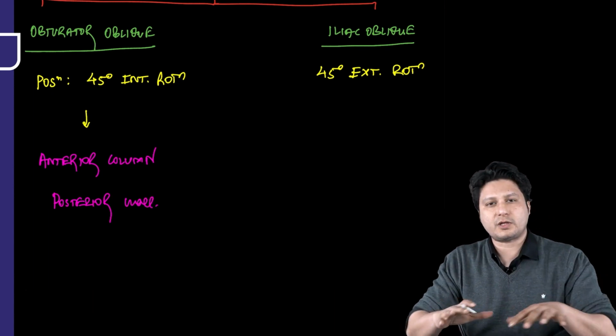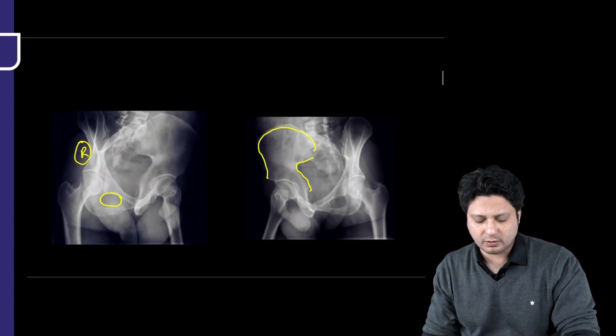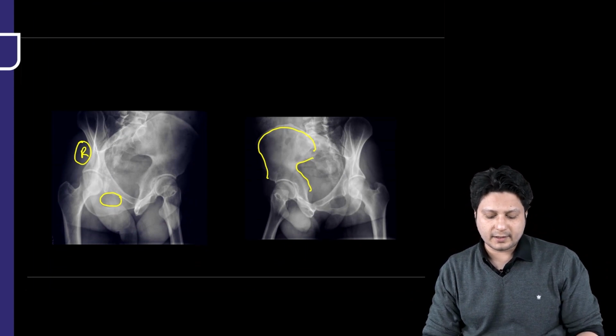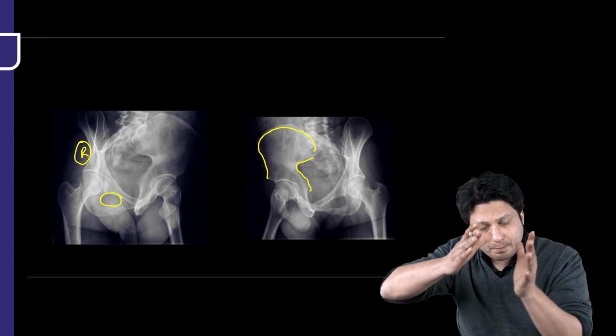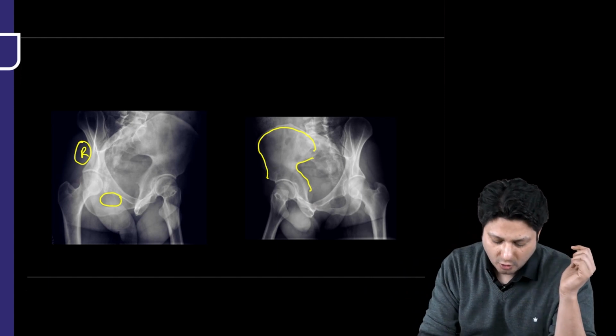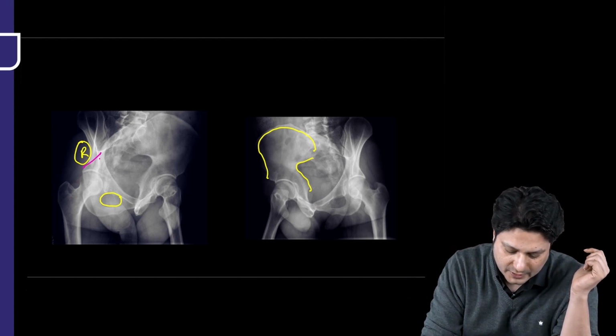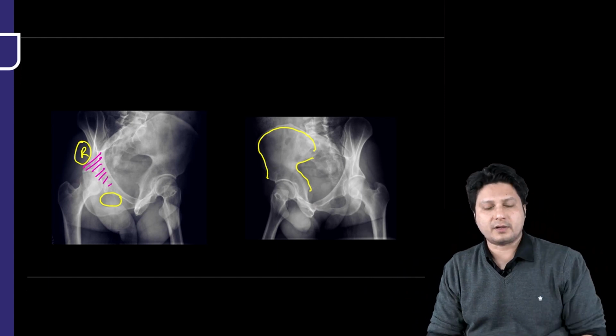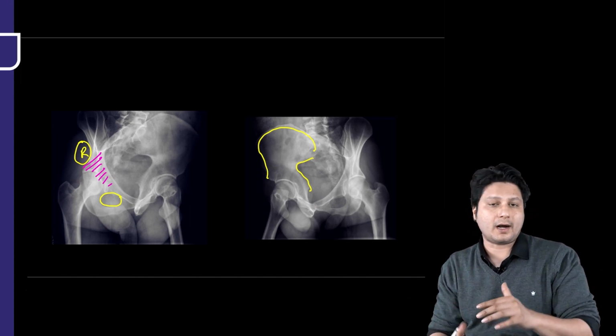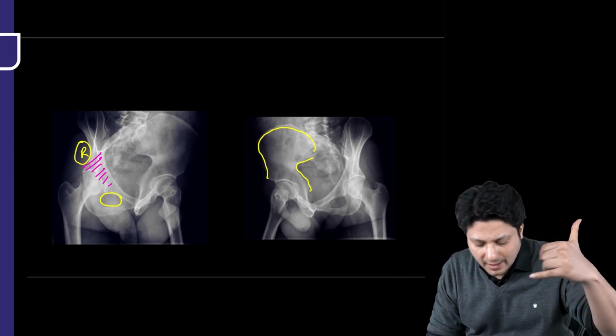So these are the structures which are very clearly visible. Again, back to the X-ray. Now, if you look at this here, the iliopectineal line, that means the anterior column of the acetabulum, is very clearly visible over here. That is the reason why obturator oblique is required for the visualization of the anterior column and the posterior wall to some extent.